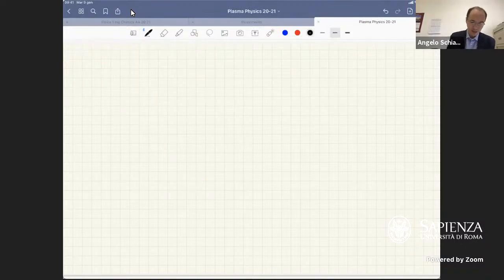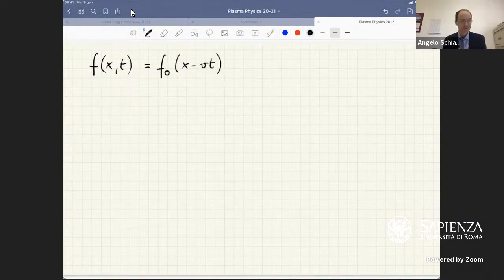If you remember, any function of x and t in 1D, in our case, for instance, let's take the solution at x minus vt, our solution at time equals 0. Actually, we can take out this time t.